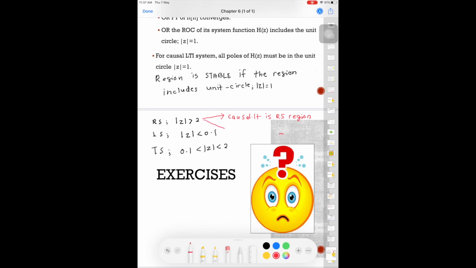Okay, is it stable? Not stable. Why? Because the region is greater than 2, so it does not include the unit circle.